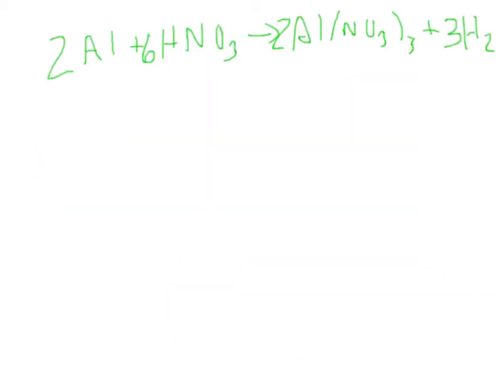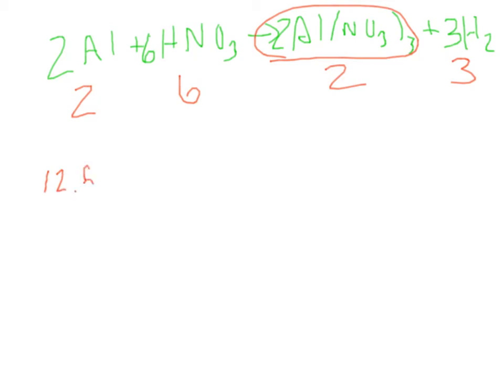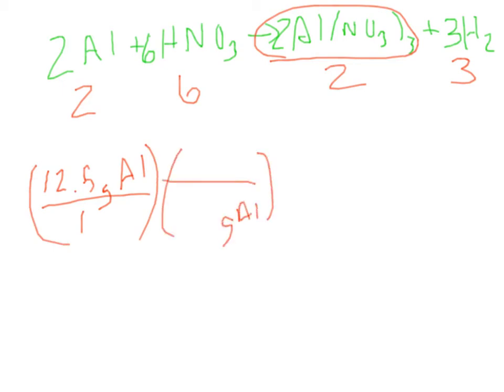I'm going to solve the second problem a little bit of a different way. So we have a 2 to 6 to 2 to 3 ratio. I'm just going to pick one of these. It looks like this one will be the easier one, so I'm going to solve for the aluminum nitrate. And I'm starting with, again, 12.5 grams of Al. This time I'm going to convert to moles Al using the molar mass, and that's still 1 in 27.